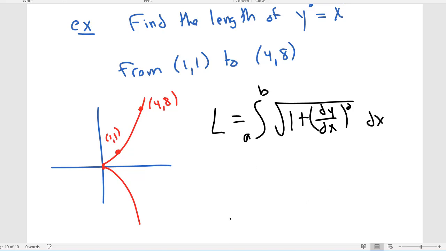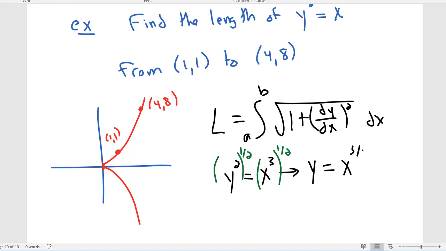Now, in order to use the formula the way that we're writing it here, we need to find the derivative. So we have y squared equals x cubed, which then I'm going to raise both sides to the 1/2 power. If I raise the left-hand side to the 1/2 power and the right-hand side to the 1/2 power, we get y equals x to the 3/2.